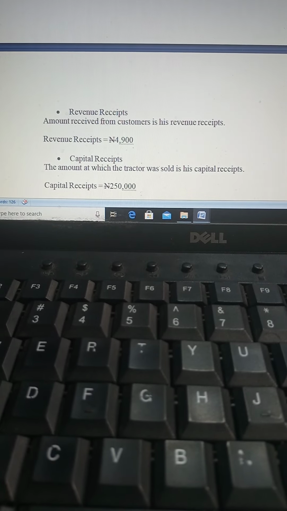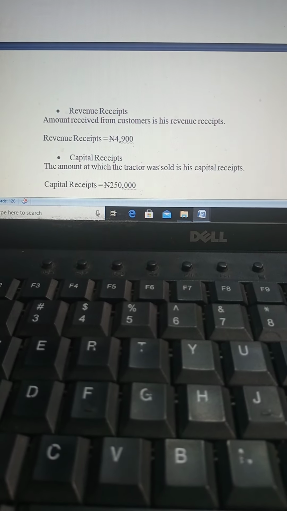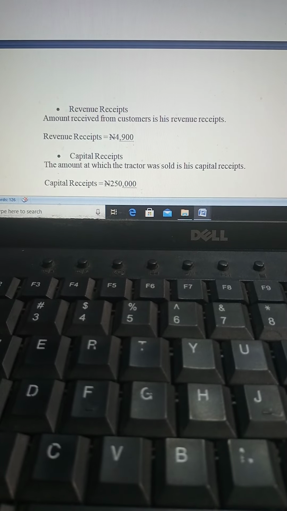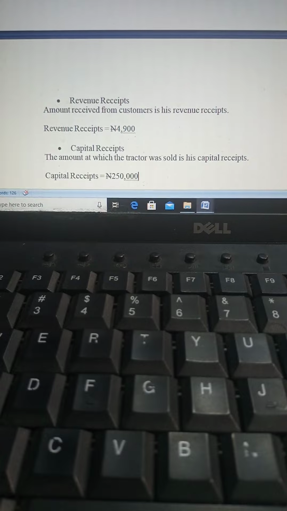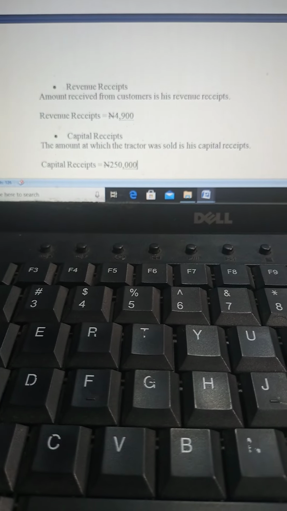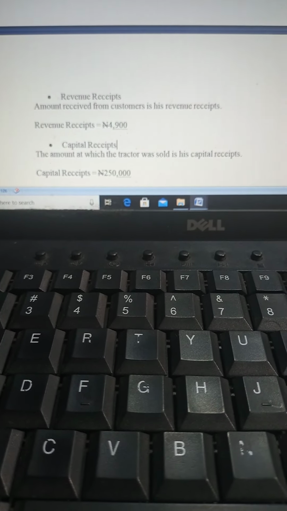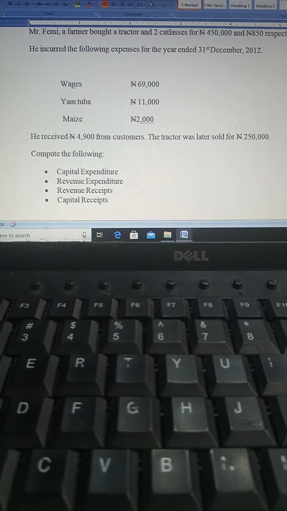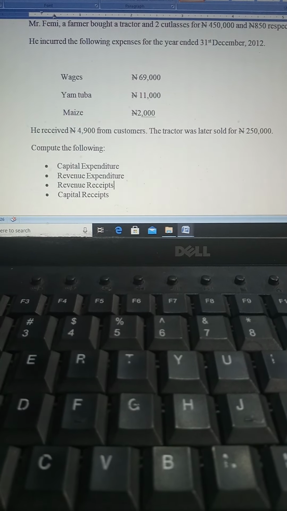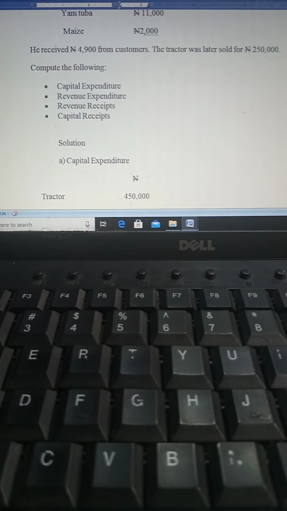That was the amount received from Mr. Femi's customers, 4,900 naira. So let's look at the other one.